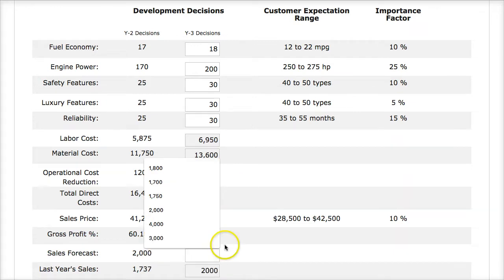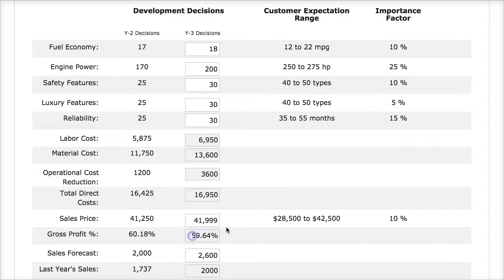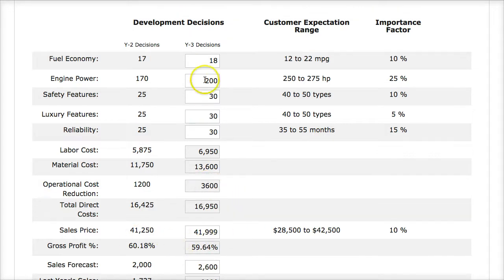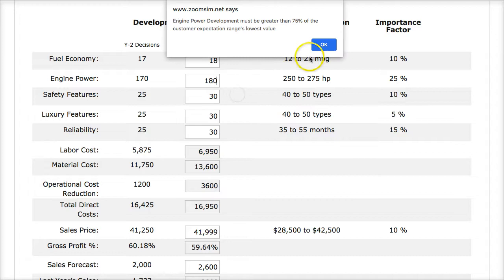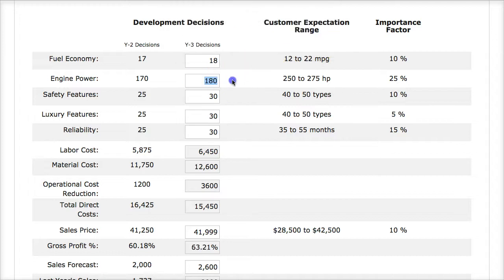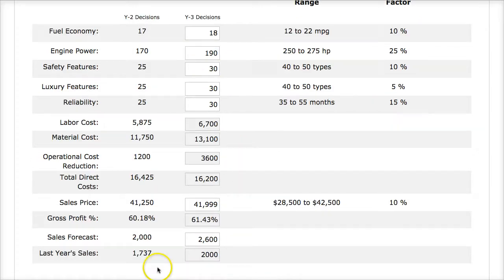Okay, so the truck here, we have a problem. Not able to increase. So let's see what I can do here. Yeah, so it looks like my truck is not going to really increase profit margins too well.